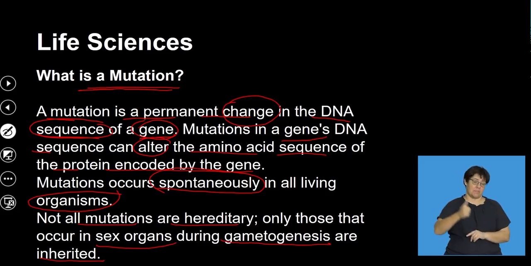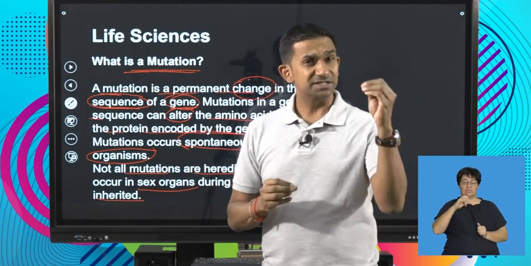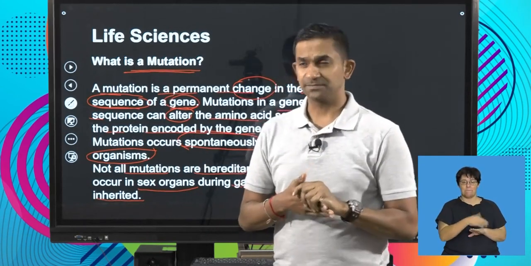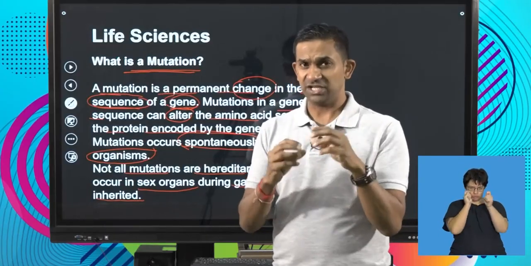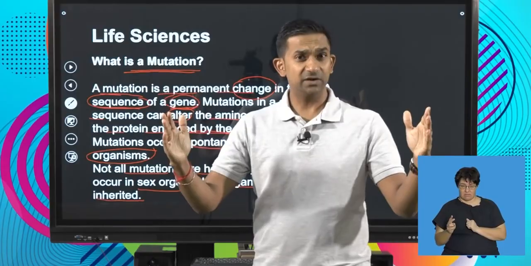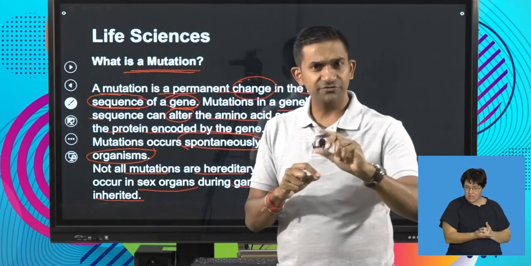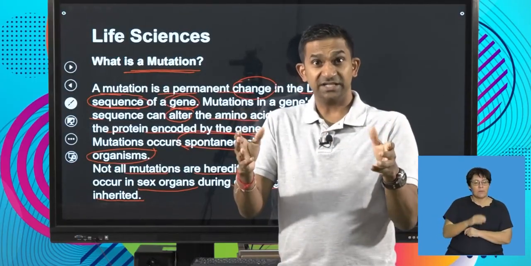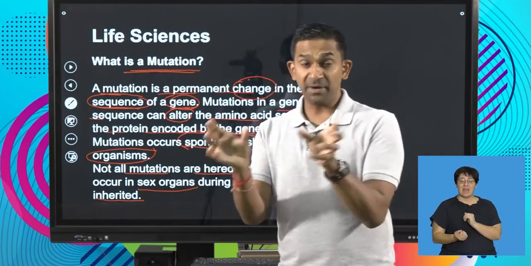So let's pause at this and try and understand the context of what mutations are. As I mentioned, mutations are a change in the sequence of a gene. If we think of what a gene is, it is made up of a sequence of nucleotides coded by a specific number of nitrogenous bases. These mutations mean that there has been an alteration or a change in that sequence. And if we recollect that a gene codes for a characteristic, if we change a sequence of nucleotides, it could in turn affect the mRNA sequence.